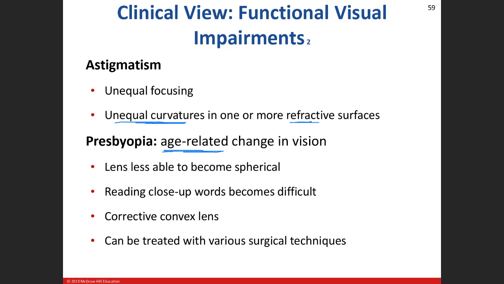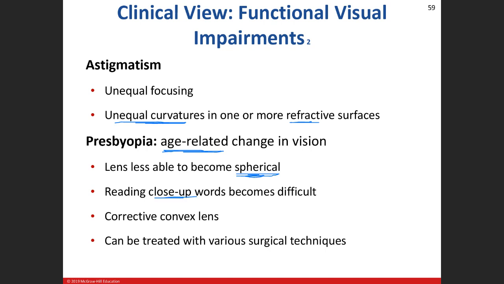Well, our lens is no different. Our lens has a lot of elastic fibers in it. It doesn't have that anymore. So it's not as easy for it to become spherical.